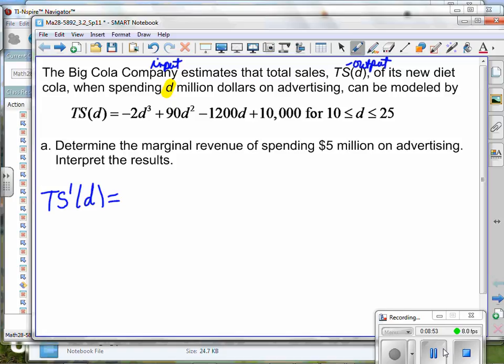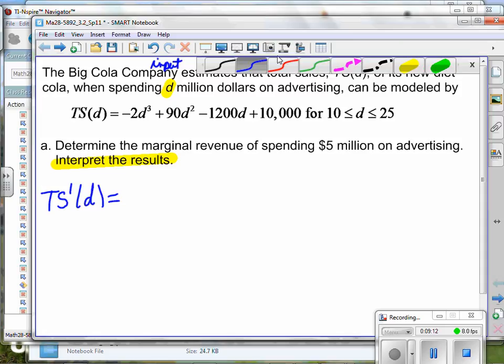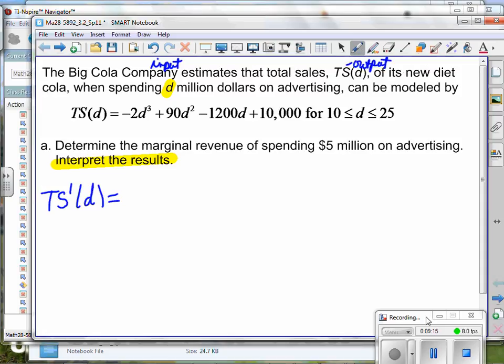So go through with your groups and determine the marginal revenue of spending $5 million on advertising. And then the most important part of this whole problem isn't really just crunching those numbers, it's interpreting the results. I'm going to give you a few minutes. I want you to talk in your groups and be prepared to answer this question. See what you've got so far.